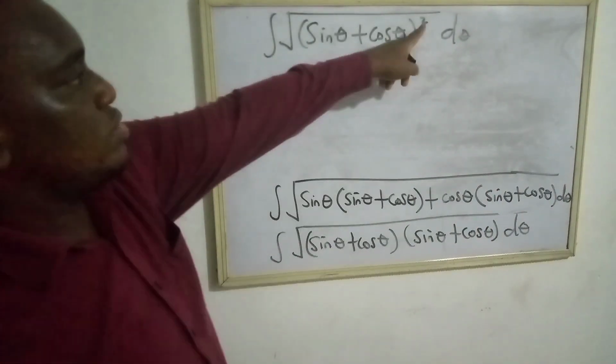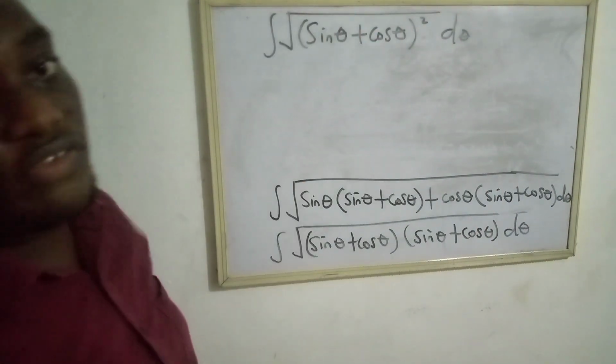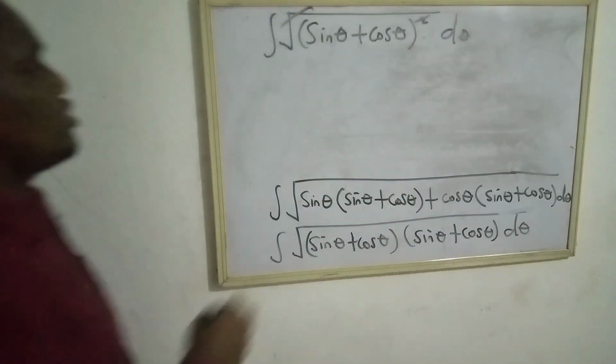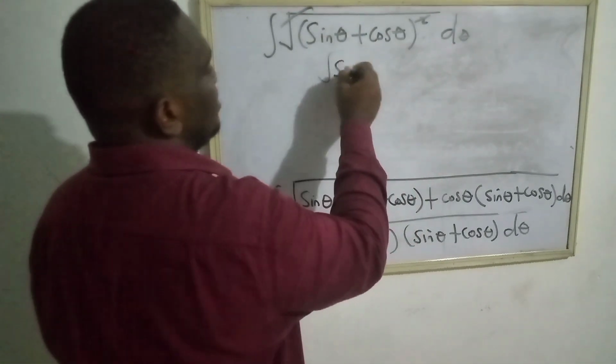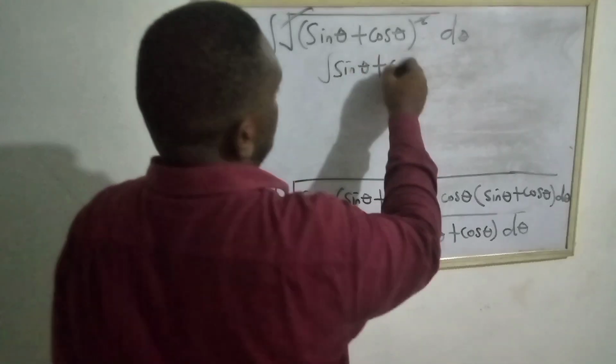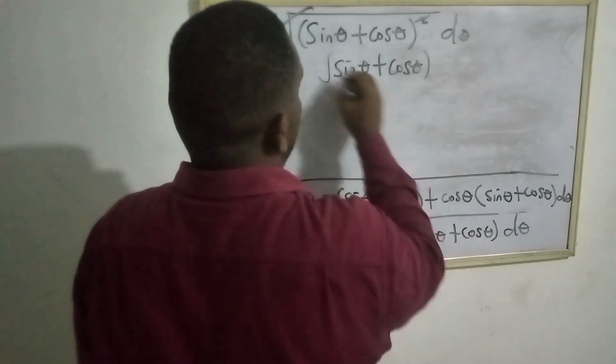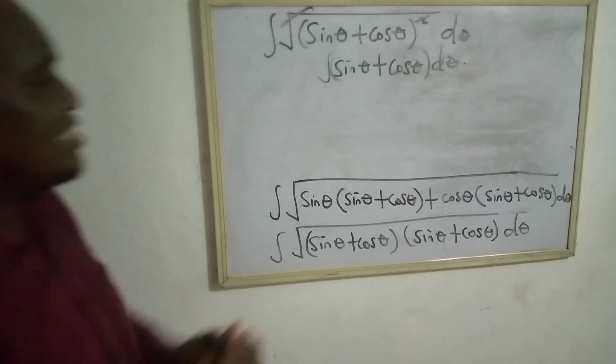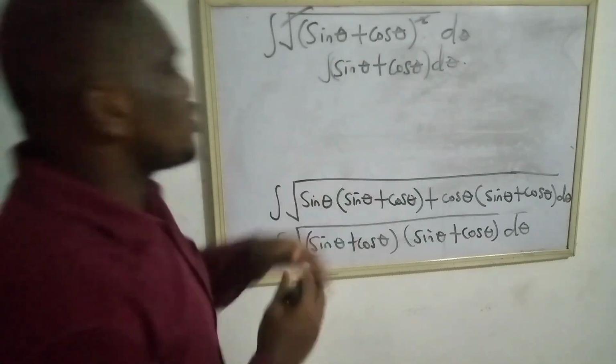And of course, the square takes care of my square root by cancelling each other. So this becomes the integral of sine theta plus cos theta d theta. Of course, the integral is a linear operation, so it can go in.